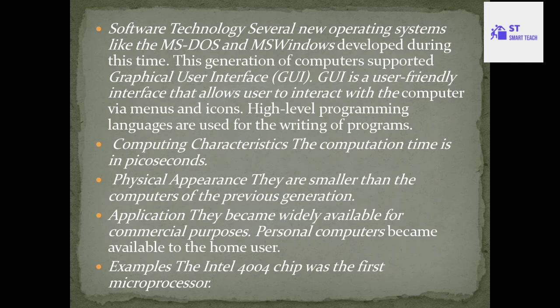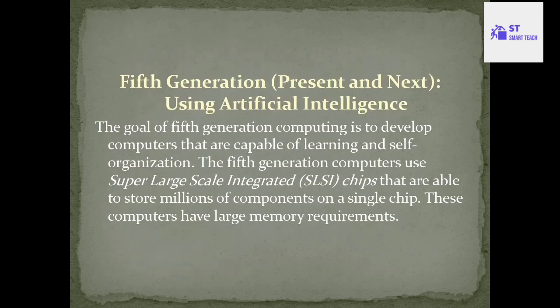Application, they became widely available for commercial purposes. Personal computers became available to the home user. An example of microcomputers is the Intel 4004 chip, which was the first microprocessor.